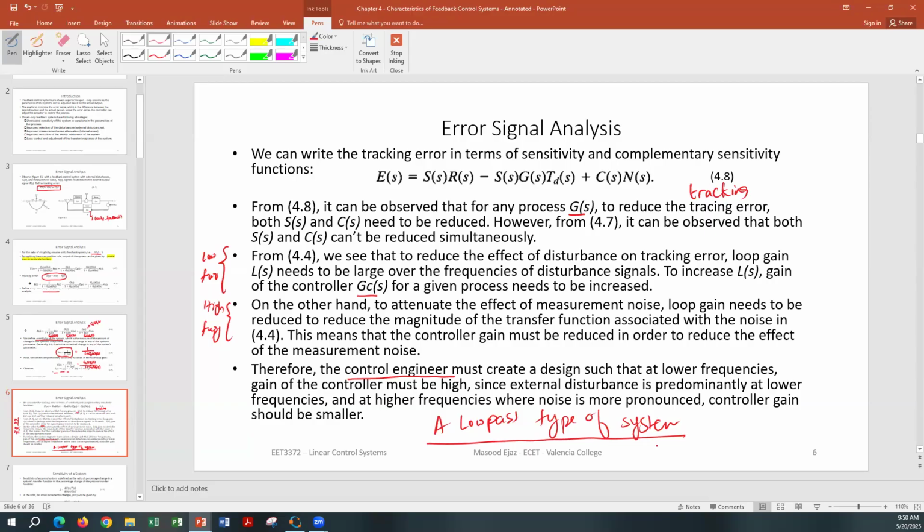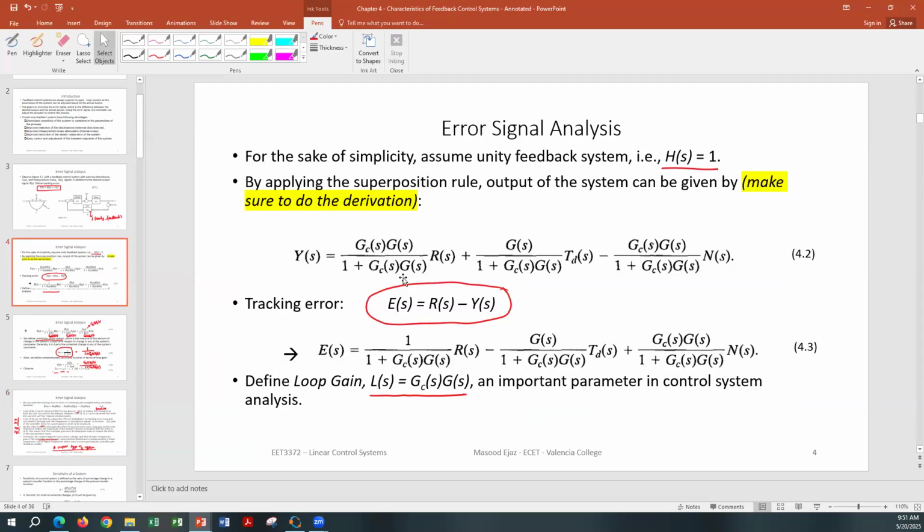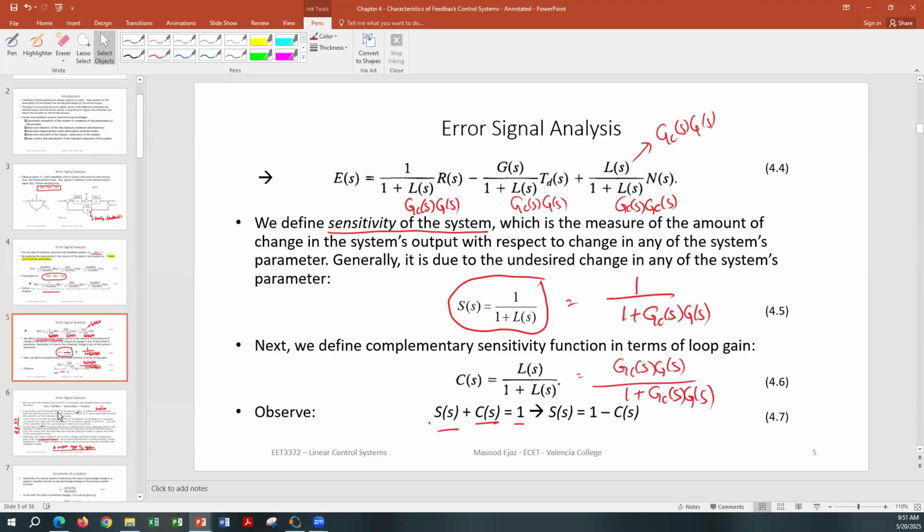If you have that, then you can reject the disturbance over low frequencies, and you can reject the noise at high frequencies, because your controller gain is high at low frequencies and low at high frequencies. So that was the conclusion of the analysis of this equation, the equation for the tracking error.